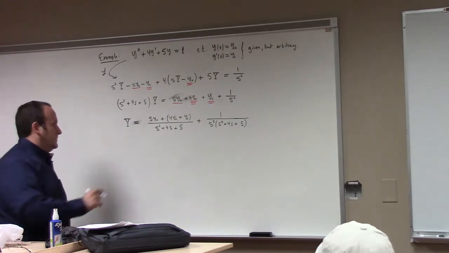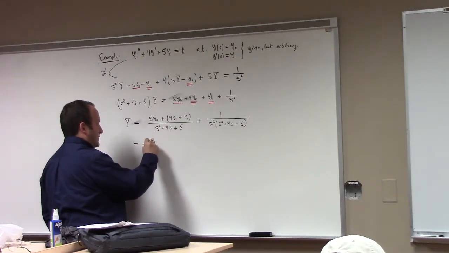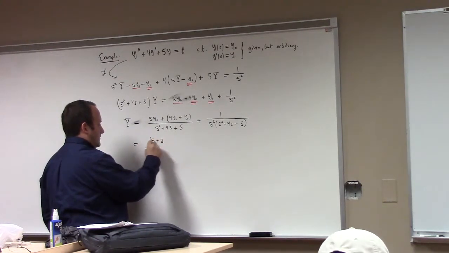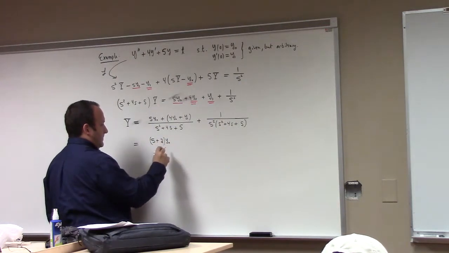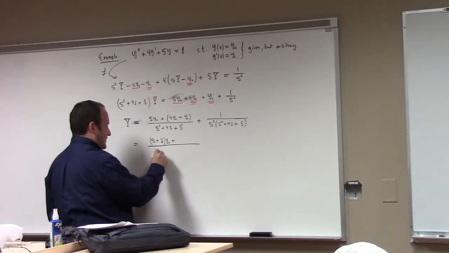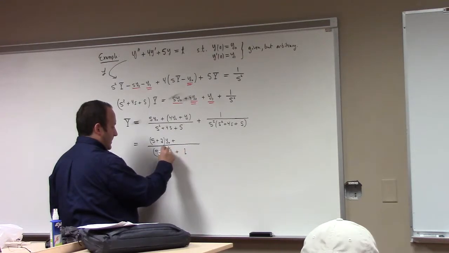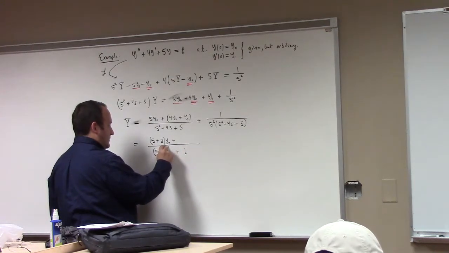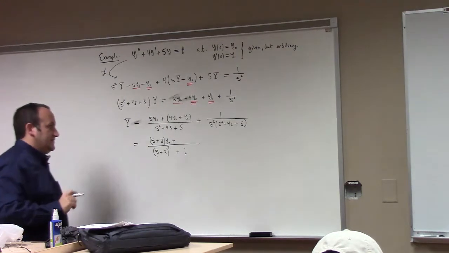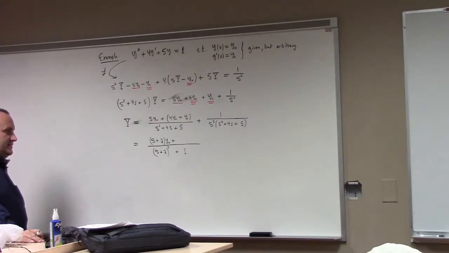So I would point out that this is actually equal to (s plus 2) times y0, plus something, divided by (s plus 2) quantity squared plus 1. The reason that I made an s plus 2 appear at the start there is because I need to find s plus 2 over that denominator in order to use the inverse transform.